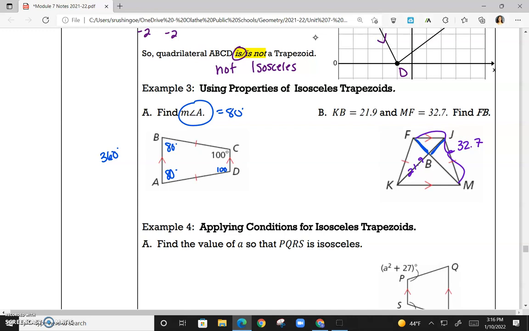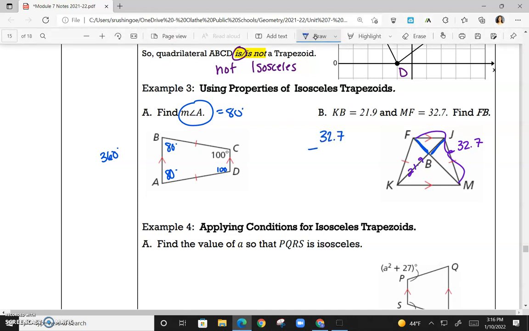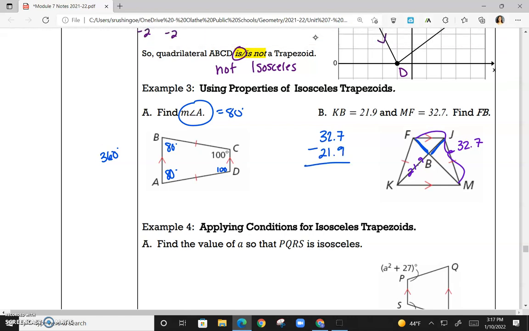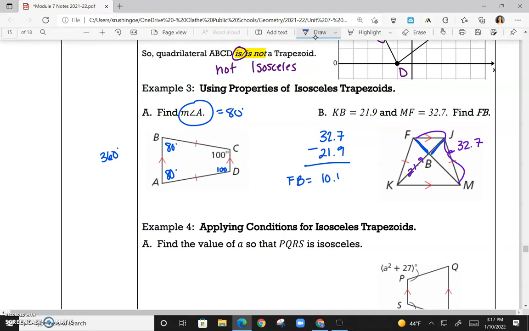So I just need to find this little section, but I know the total is going to have to be the same as this total, so 32.7 minus that long part is going to give me my short part, which is the same thing as FB. So subtracting to get 10.8.